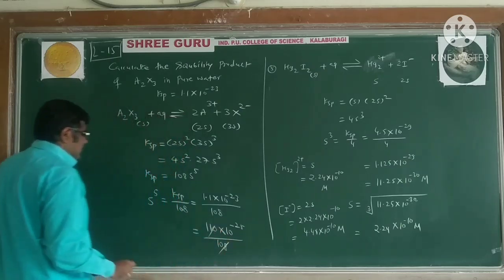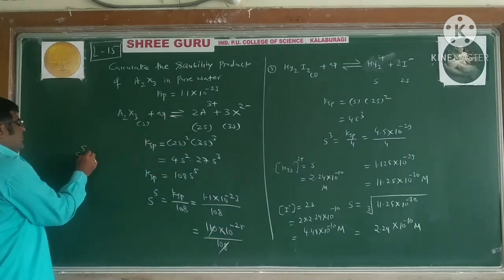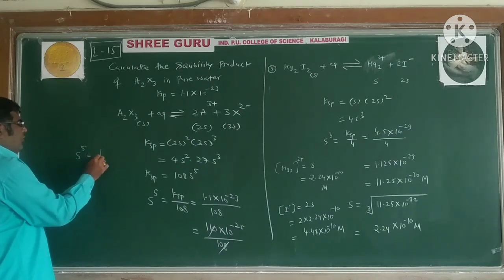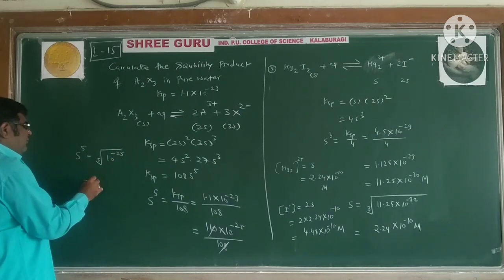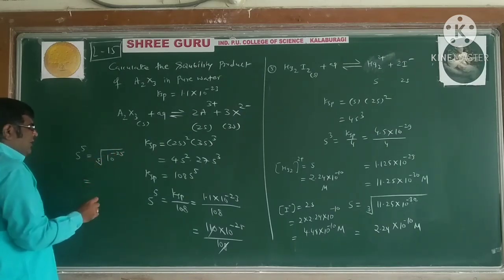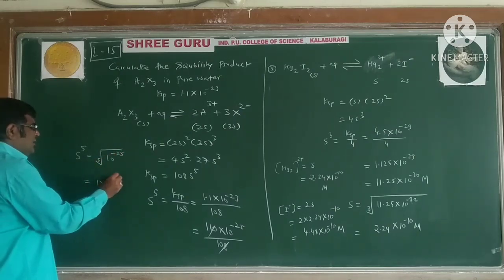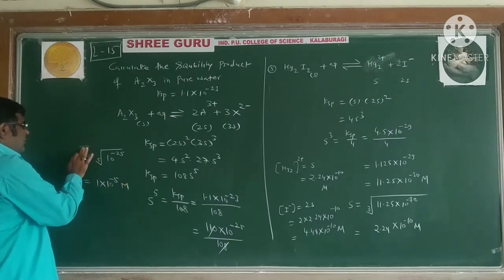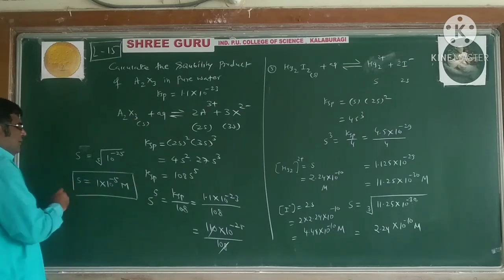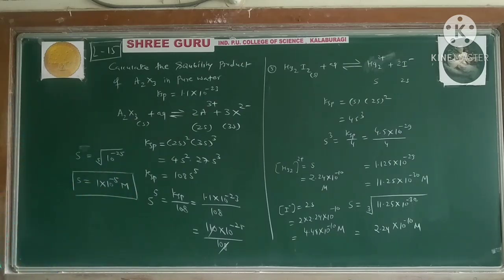This is nearly constant. So S is equal to the fifth root of 10 raised to minus 25. 25 by 5 is 5. So it is roughly equal to 10 raised to minus 5 mole per liter, which is the solubility.